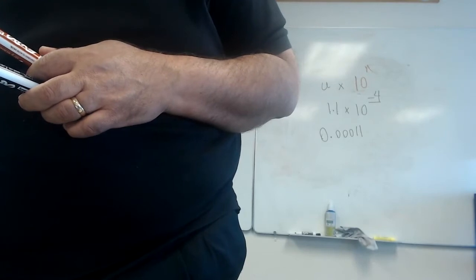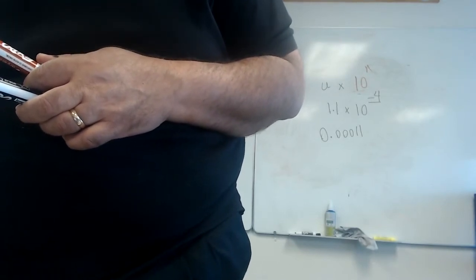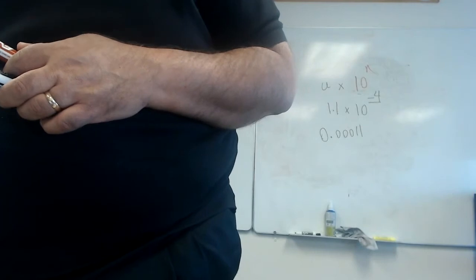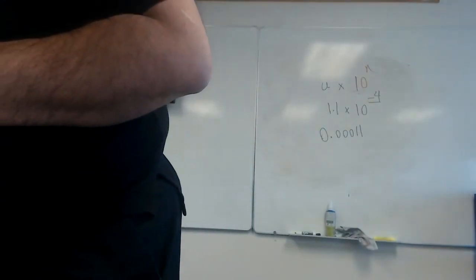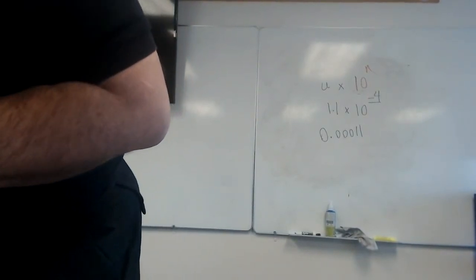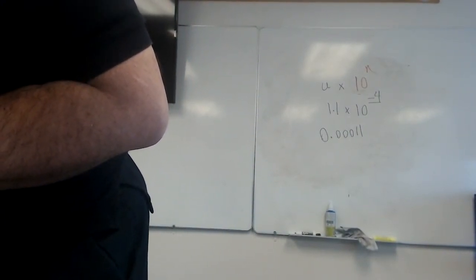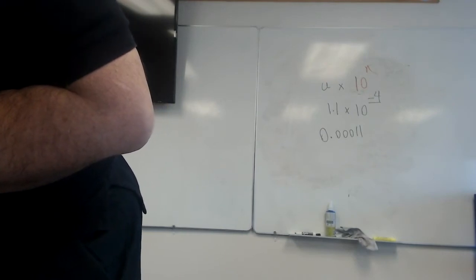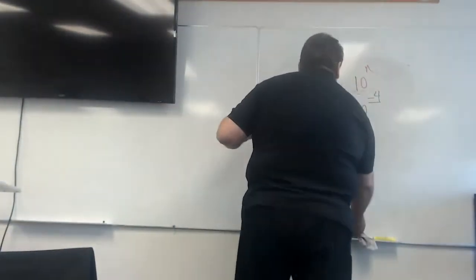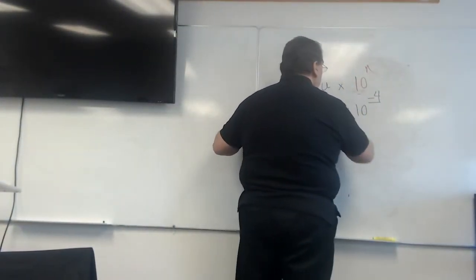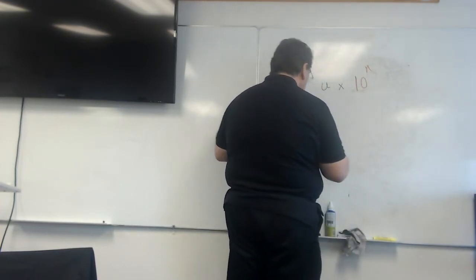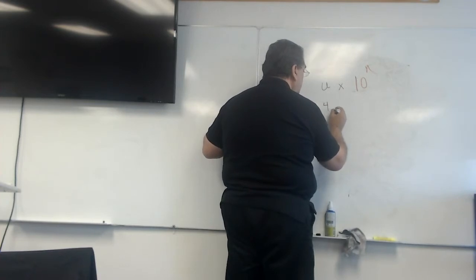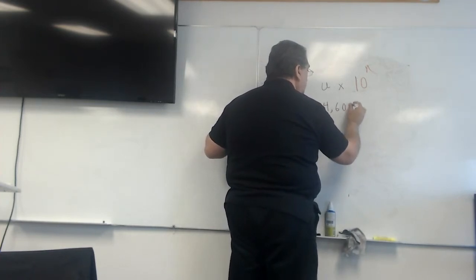If you want to convert decimals to scientific notation, if you want to do the other way around, let's look at page 286. And you can read the instructions on the PowerPoint or in our textbook. For example, 4,600,000. We want to do the reverse.